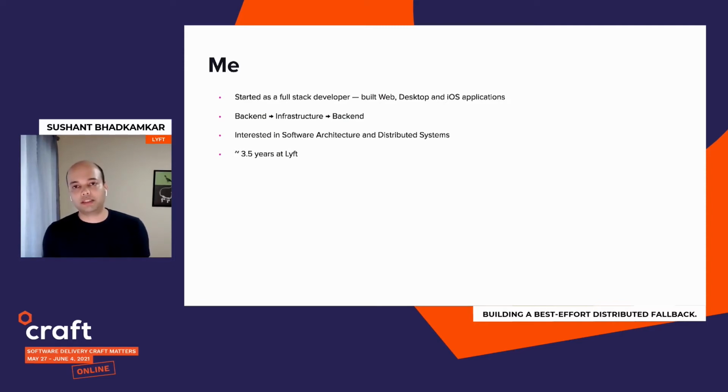And then I moved back to more of a backend product developer role. In general, I'm interested in software architecture and distributed systems problems. So I like drawing boxes and lines, as you'll see in this talk.